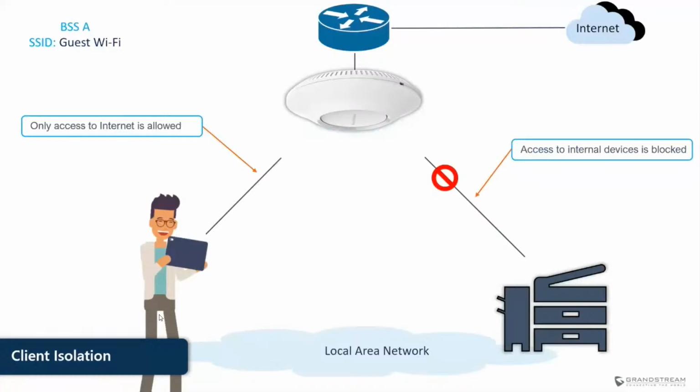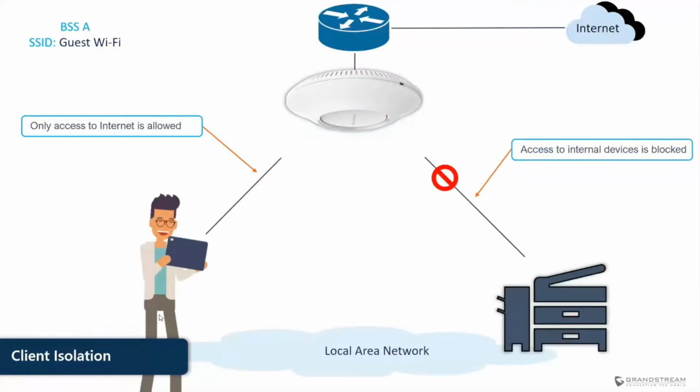So in this example, the client isolation is enabled to block users connected to the guest Wi-Fi from reaching other resources or other devices in the same local area network. And the users can only access the internet.